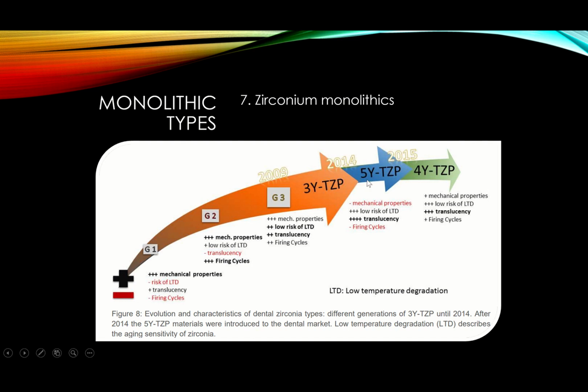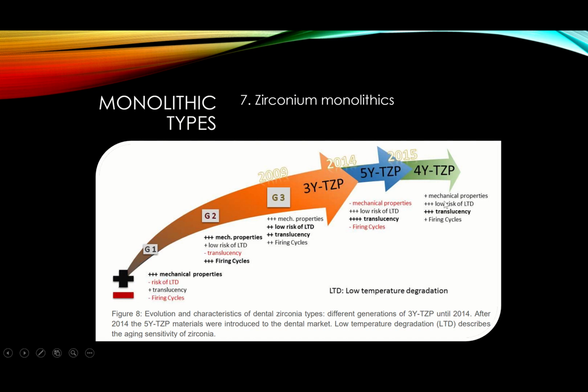And then they reduced this to in between, 4 yttrium. Instead of 3 or 5, they got the 4 yttrium stabilized zirconia. It's very popular until today, all right? It's called HT Plus in the blocks that I use, or multi or high translucent or whatever. But I think that this 5 yttrium is not an option anymore by itself, but it can be a component of the zirconium block side by side with other components.